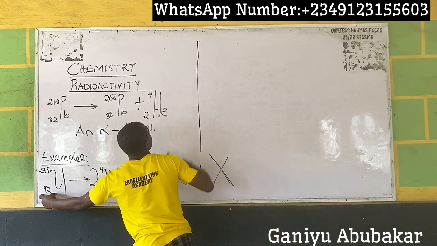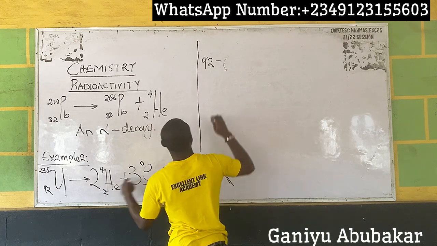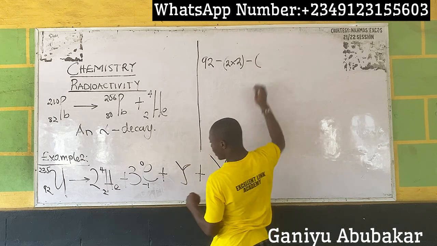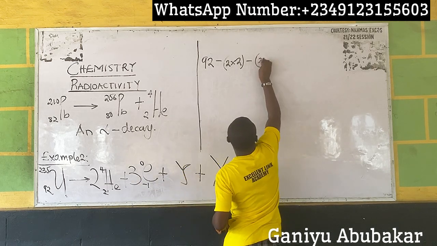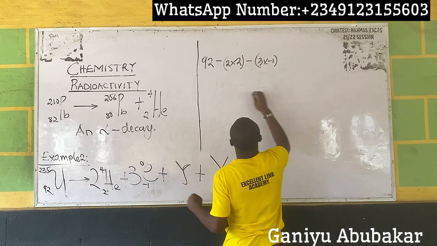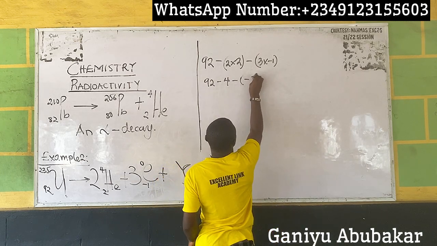That becomes 92 minus, in a bracket, 2 times 2, minus, in a bracket, 3 times minus 1. That becomes 3 times minus 1. So that becomes 92 minus 4 minus, in a bracket, minus 3.